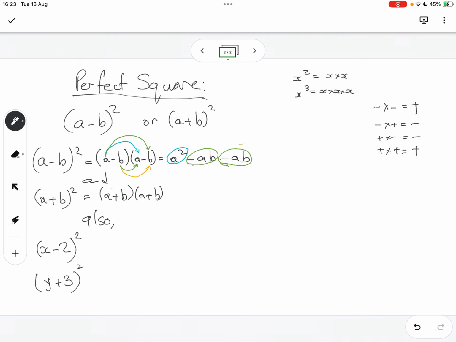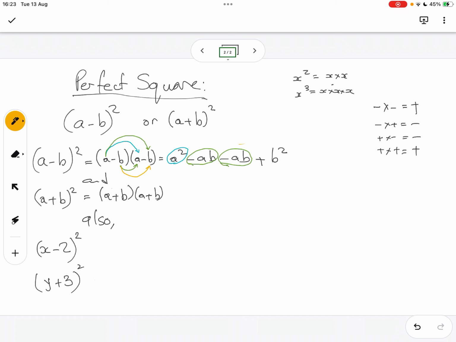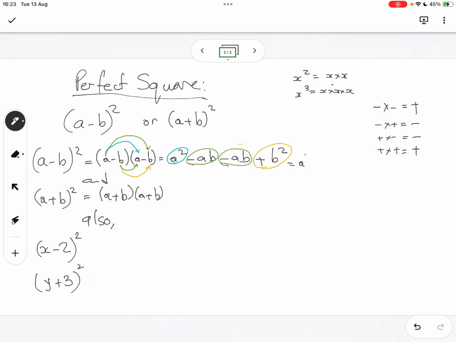So we have negative b times negative b: negative times negative is positive, and then b times b is b squared. You can also look there so that you don't feel uncomfortable. In the end, we have a squared minus 2ab plus b squared.